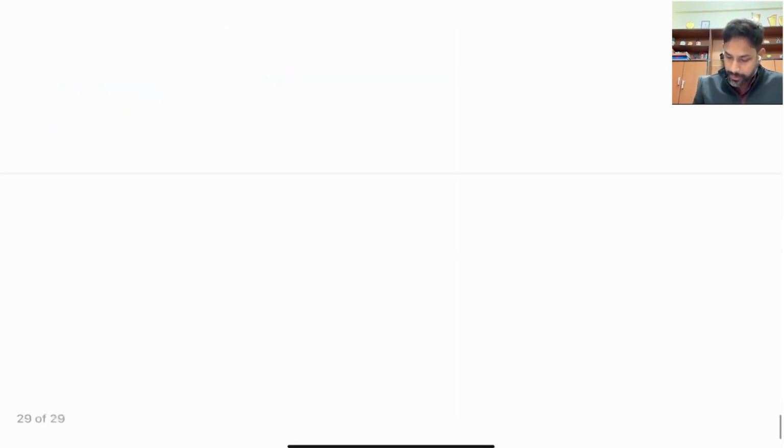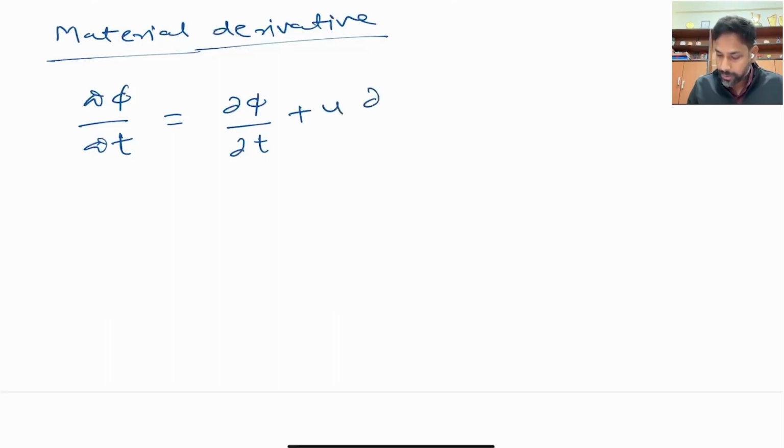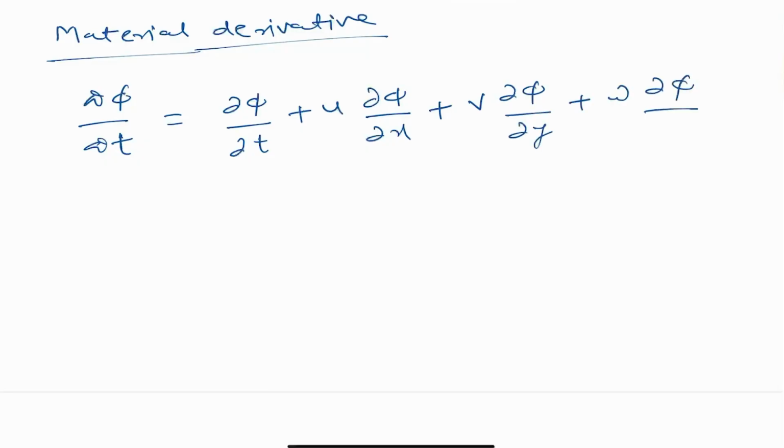Okay, so this is generally written as capital D phi by capital Dt is equal to d phi by dt plus u d phi by dx plus v d phi by dy plus w d phi by dz.